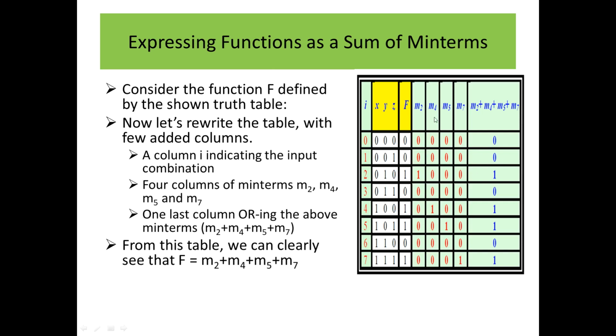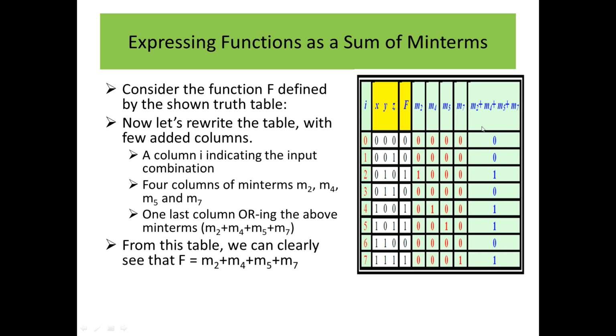All the rows are 0 here. Now here the m2 column is 1 and all others are 0. 1 plus any 0 is 1 only. Here all the rows are 0. Here 0 plus 1 plus 0 plus 0 is 1. Then 0 plus 0 plus 0 plus 0 is again 0. Then 0 plus 0 plus 0 plus 1 is 1.